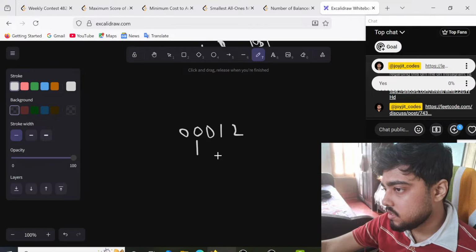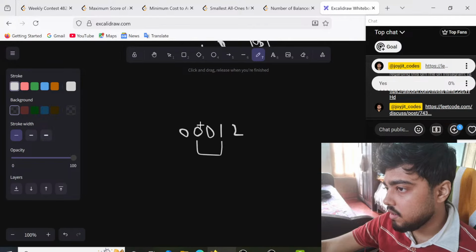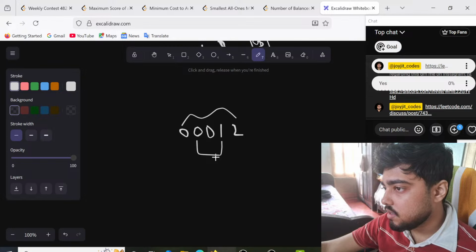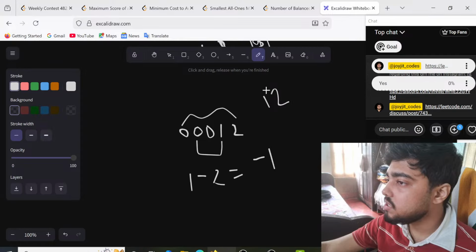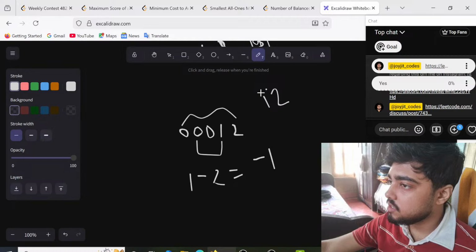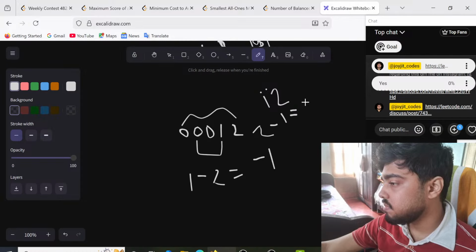It is, let's say, 1 and 2, so it is 1 minus 2, that is minus 1. But in the actual case, if it is 12, these are the leading zeros, right? If it is 12, then the difference is the opposite. It is 2 minus 1, not 1 minus 2. So just to consider that condition, we have to keep a start also, just to check if it has started or not. If it has not started, we have to handle that case.